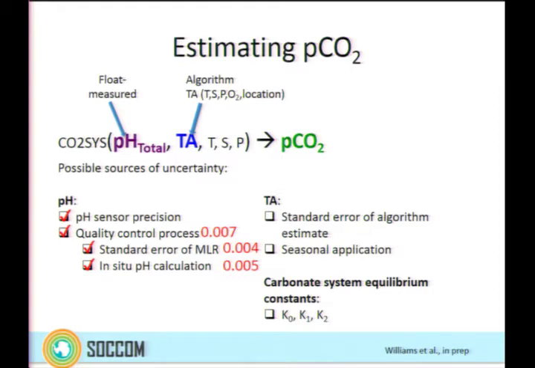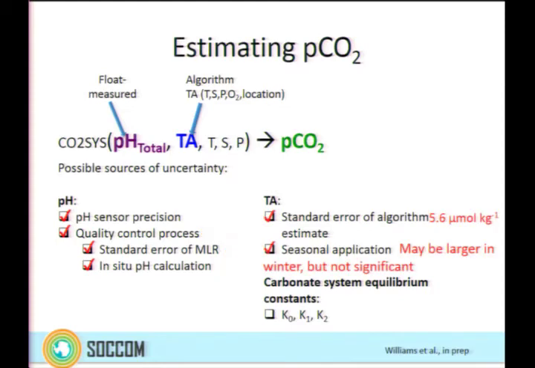There's also some uncertainty in the pH measurements themselves because we bring the bottle to the surface, we measure pH at lab temperature and pressure, and then we have to calculate the in situ pH to compare with the sensor. So that has some uncertainty. If we combine those, we come out with 0.007.